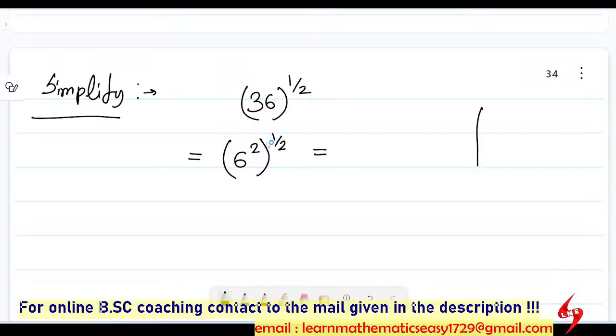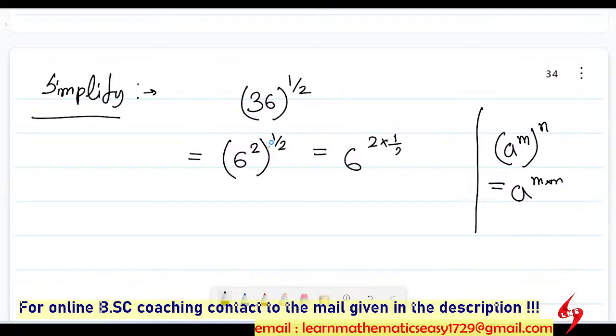Now I know the process that if a to the power m whole to the power n, the powers will be multiplied. So here the powers will be multiplied as well. So here 2 cancels out and 6 remains.